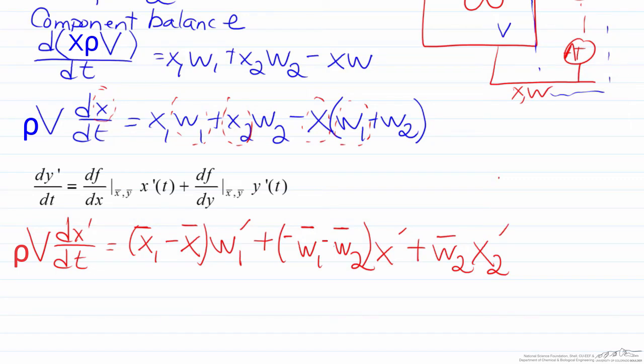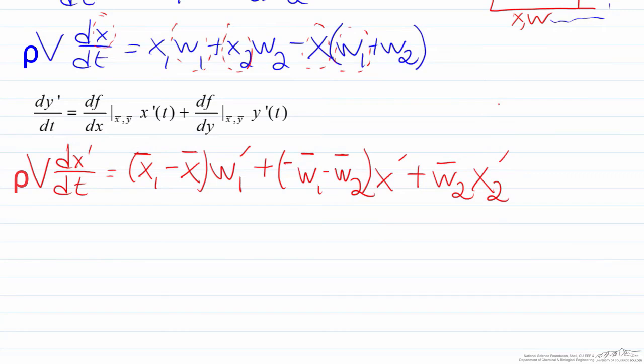And a point to note here is that technically, since W2 in this analysis and X1 in this analysis are assumed to be constant, the bars are not absolutely necessary here, but just for simplicity's sake, we will keep them here. Now we'll take the Laplace transform of this. So the only thing of real interest here to take the Laplace transform of is the value on the left-hand side.